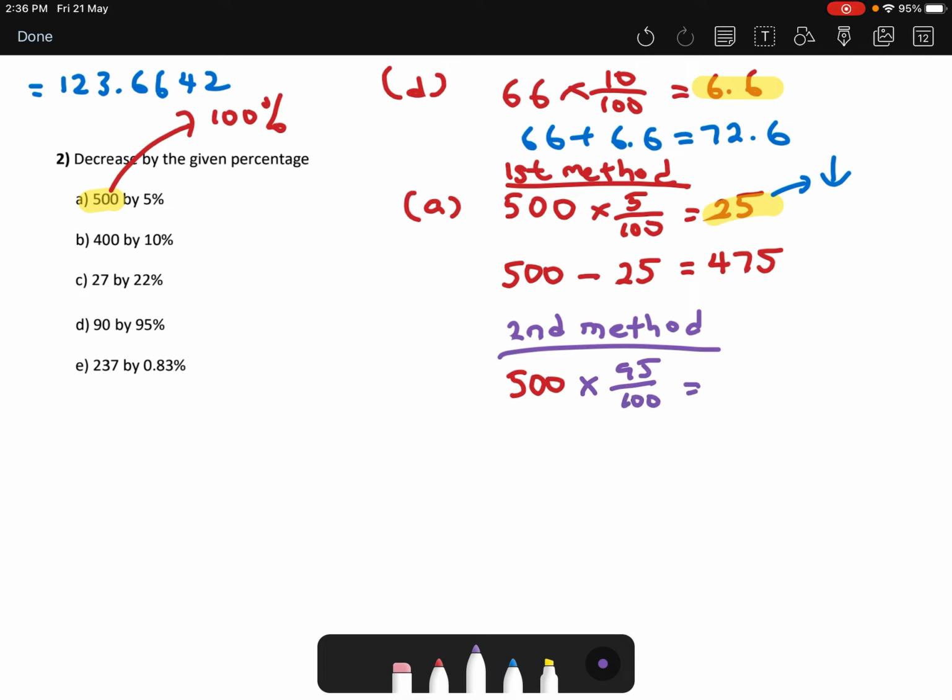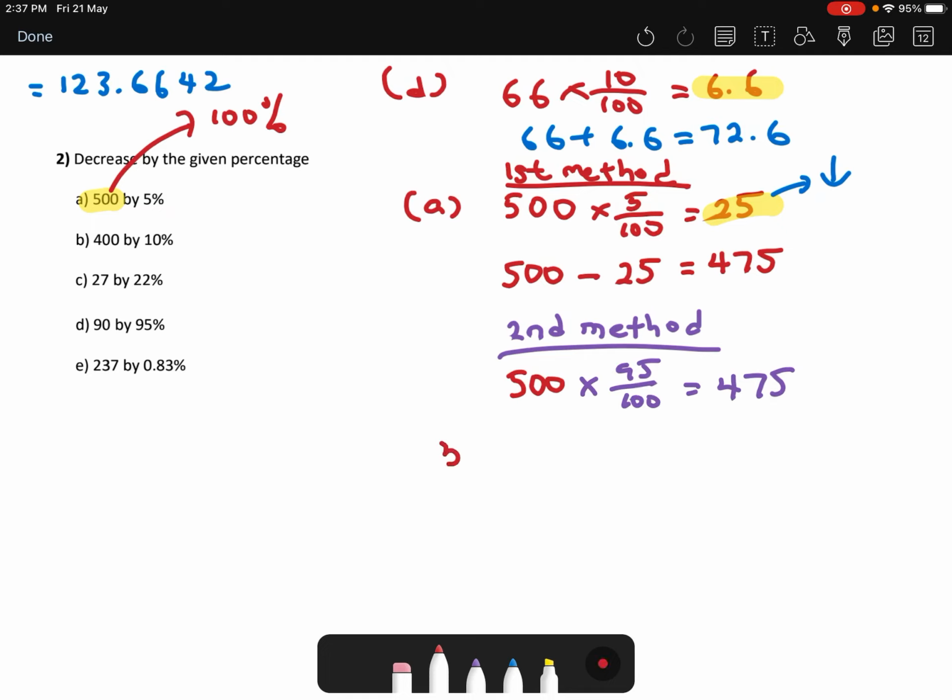So 500 multiply 95 over 100, you should get 475, the same answer. For the second method it's a one-step process. For the first method it's a bit more tedious lah. But yeah, see which method you prefer. There's no fixed or correct method.